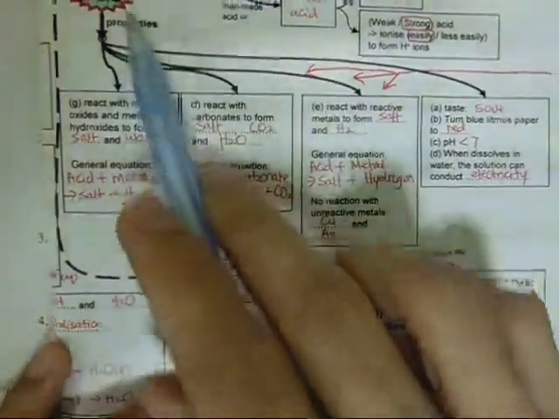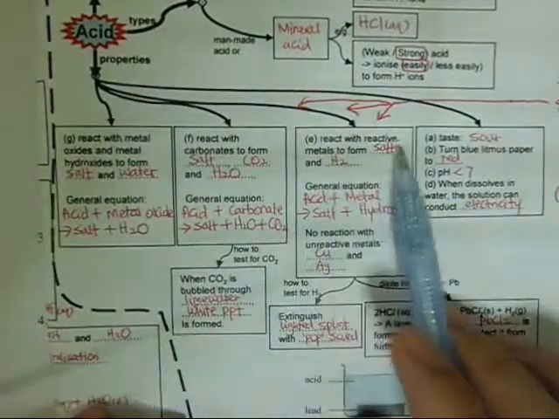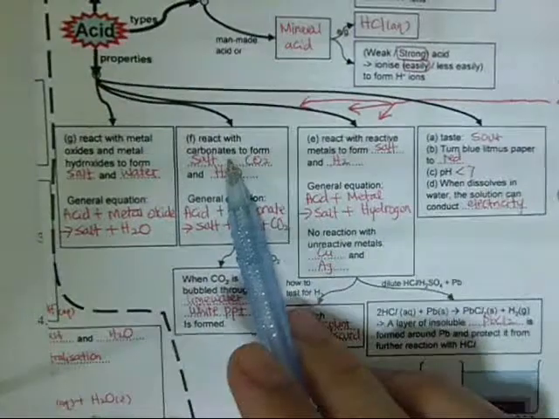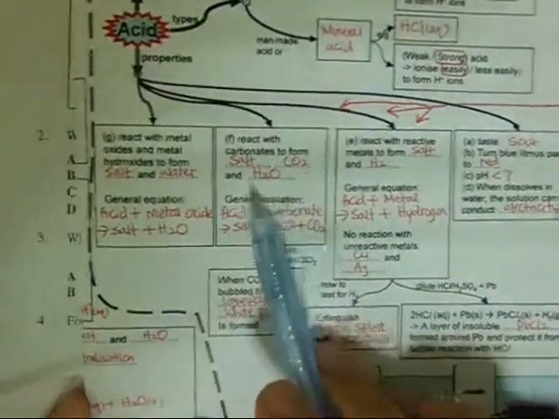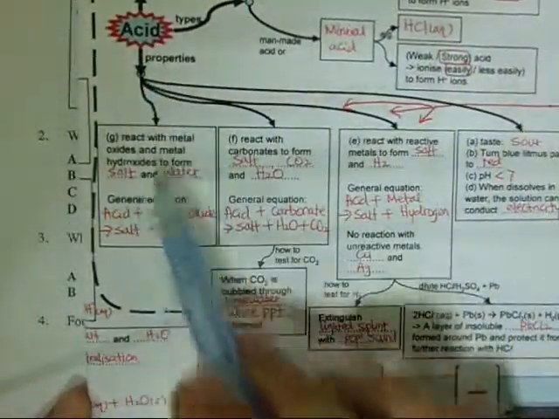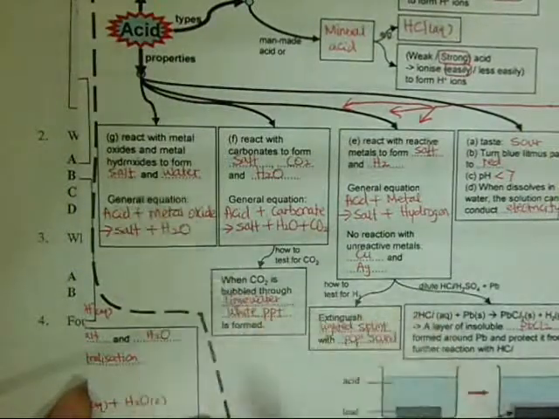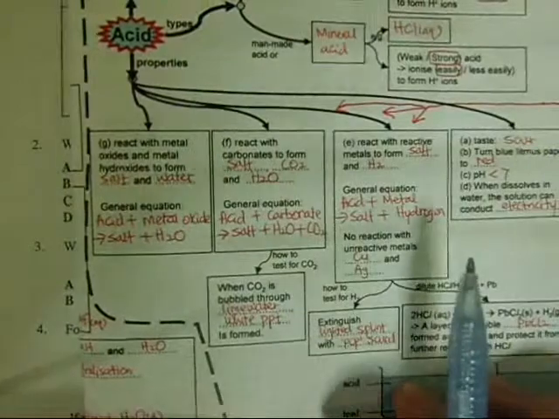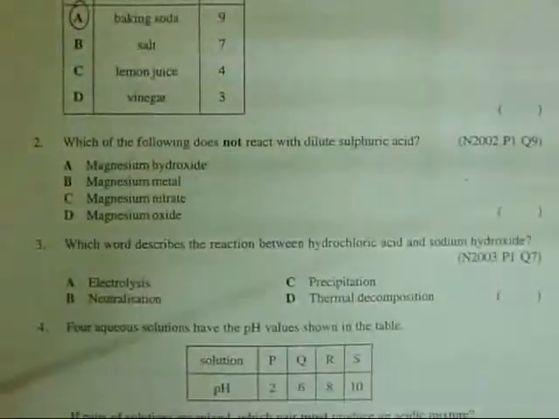Reaction of acid with reactive metal to form salt and hydrogen, reaction between acid and carbonate to form salt, carbon dioxide and water, as well as acid and metal oxides and metal hydroxide to form salt and water. So you need to be aware of these 3 reactions that involve acid.